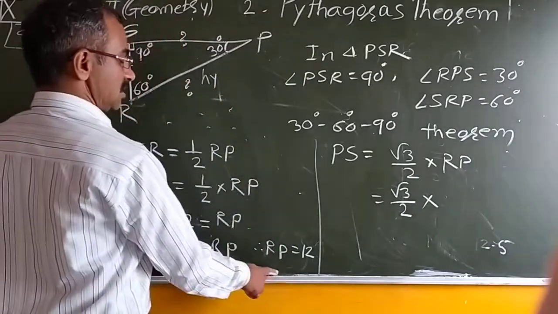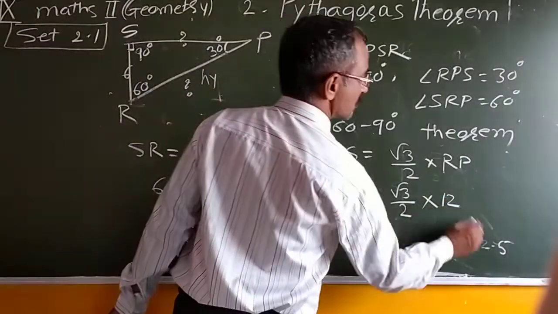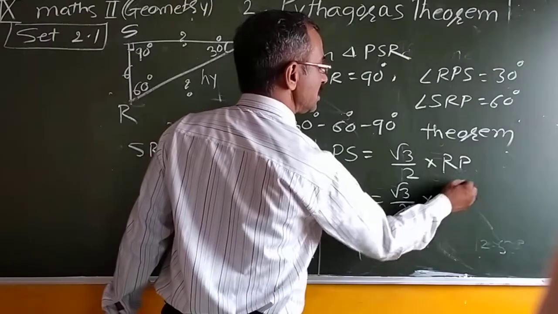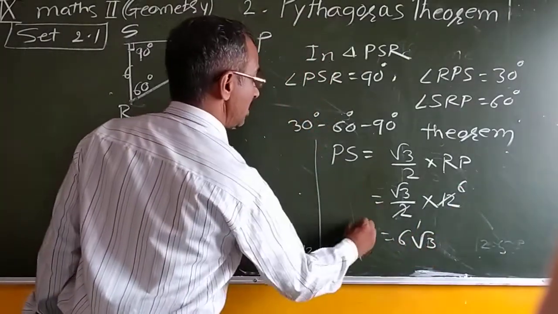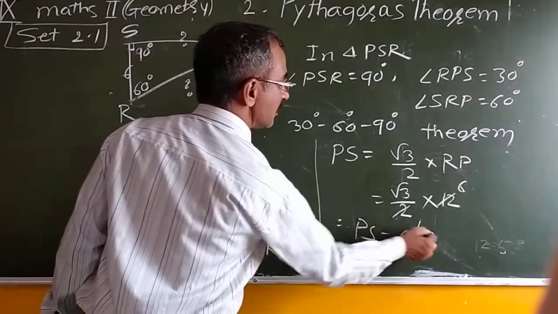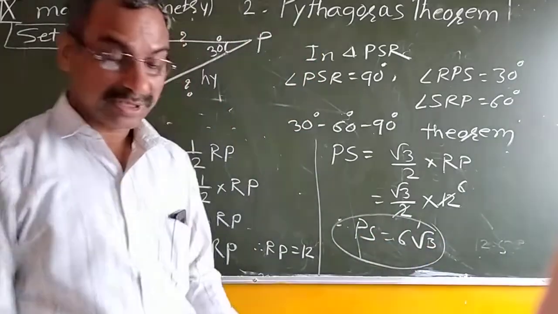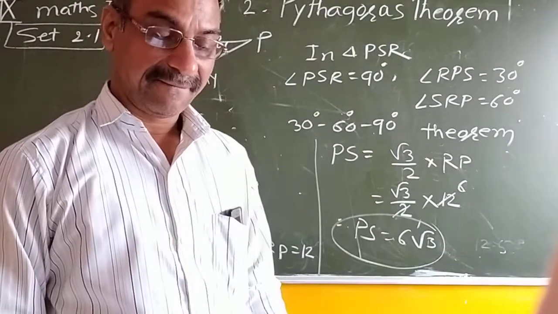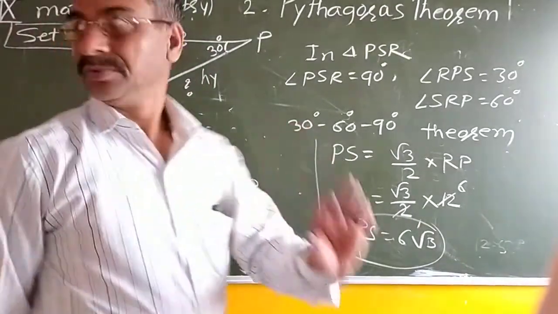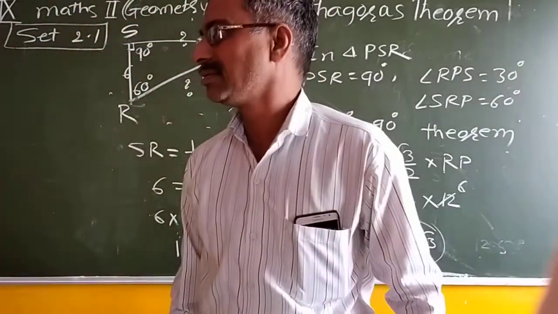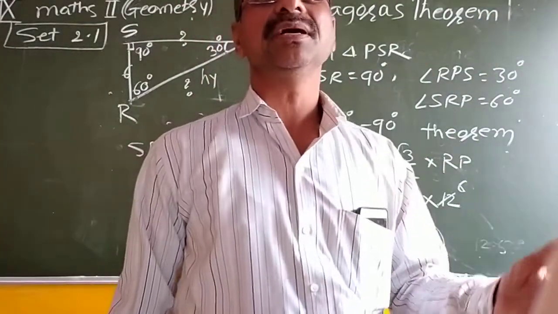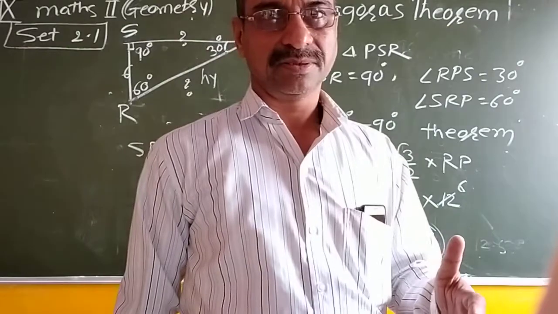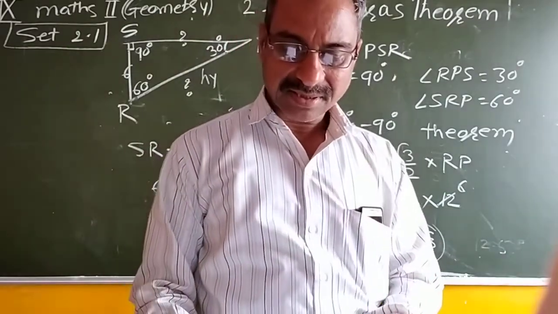RP's value we just got is 12. So 2 1s are 2, 2 6s are 12, so it will be 6√3, the value of PS. So we got the value of PS is 6√3. By using the theorems in Pythagoras, we are solving these sums.